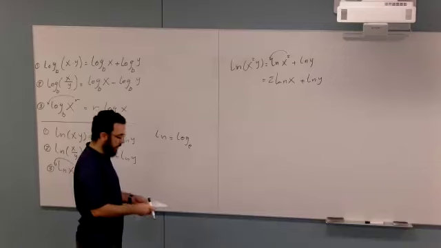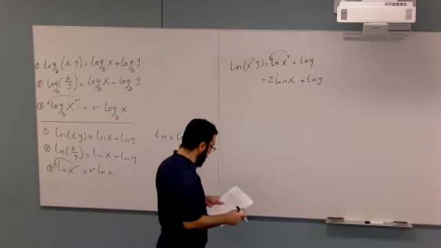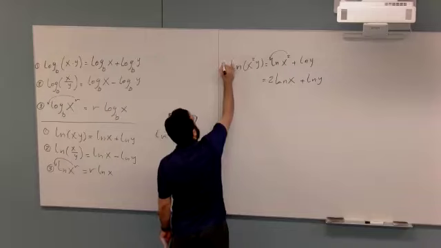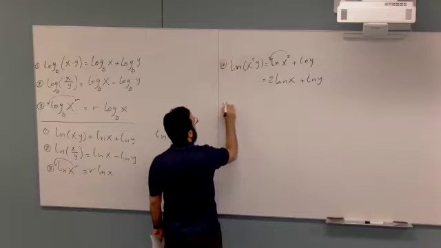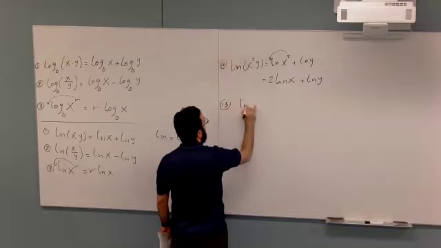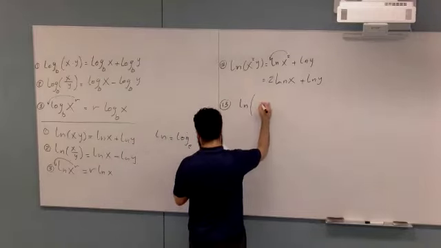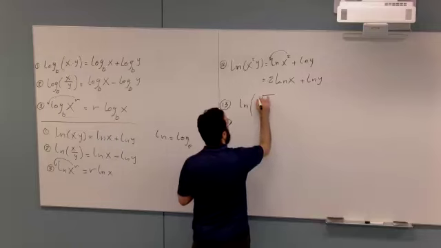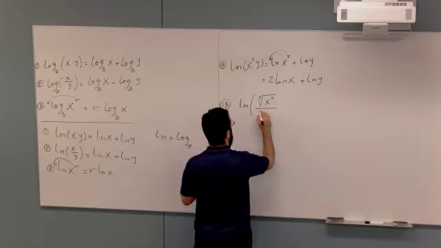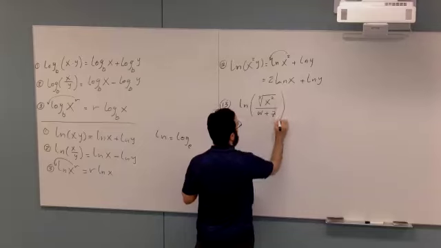That's example 12. Can we do the same thing with example 13? We have ln of the cubic root of x squared over w plus c.